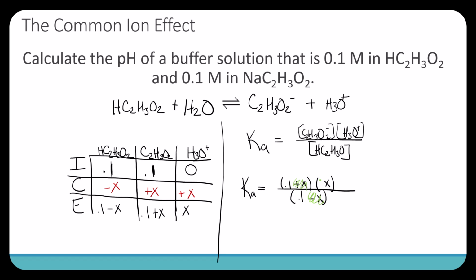It's not going to make it go down by very much. So if we can ignore one of the x's, we can ignore both of them. So we're just going to do a double x is small elimination here. After we do the elimination, we clean up that side of the equation, and we're left with 0.1 x over 0.1. I just wanted to show you that double elimination of the x is small.